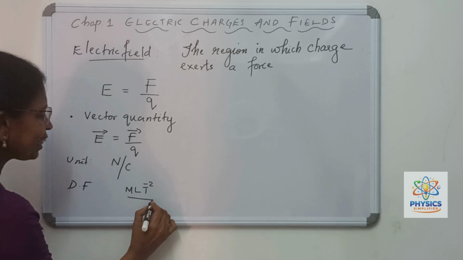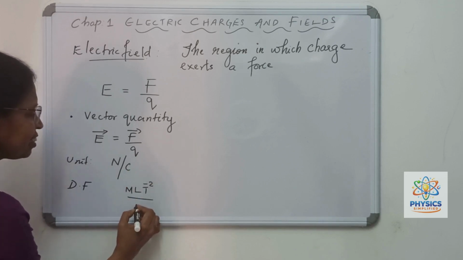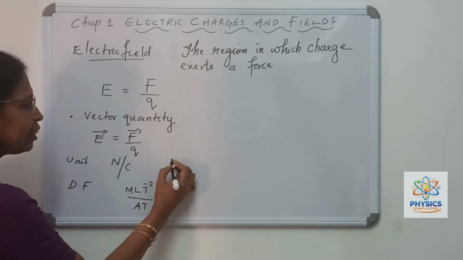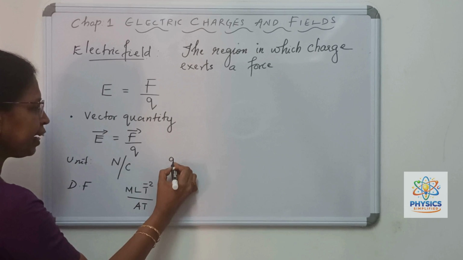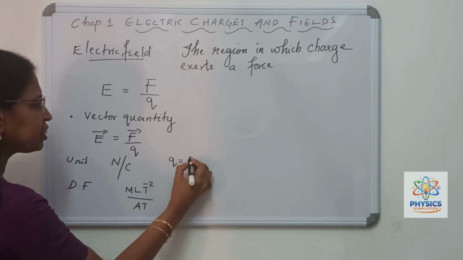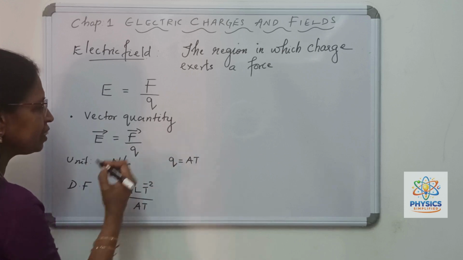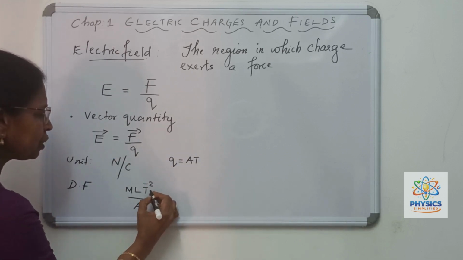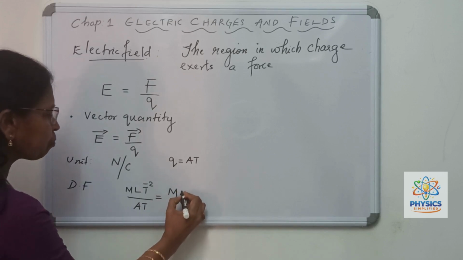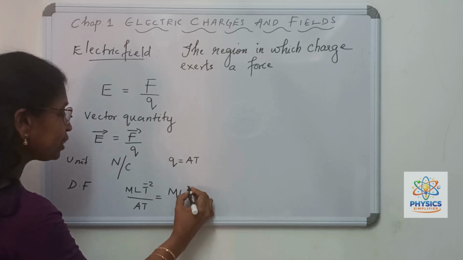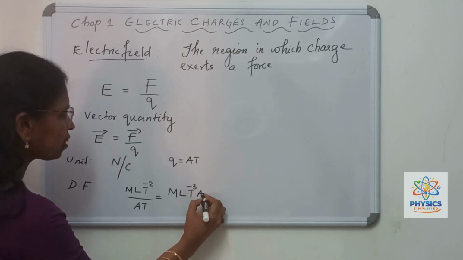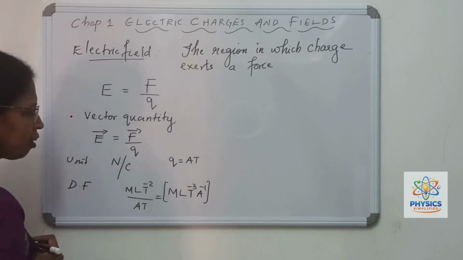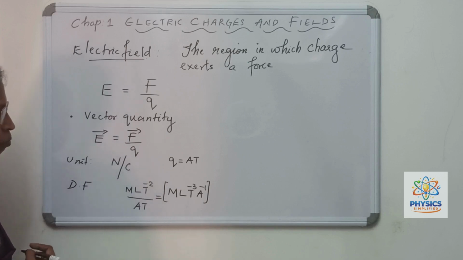And the dimensional formula of charge is A into T. So when we simplify this equation, we get M L T raised to minus 3 A raised to minus 1. So this is the dimensional formula of electric field.